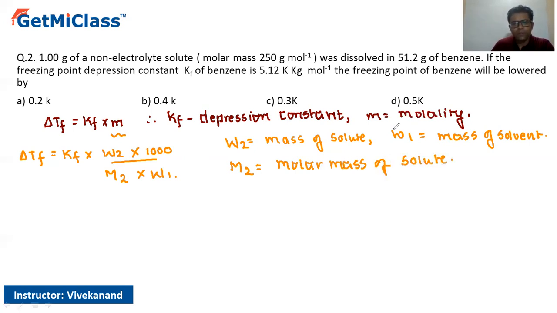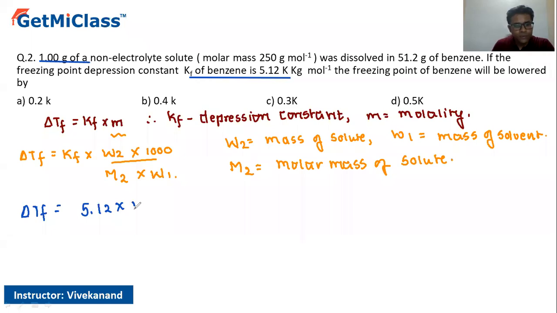All right. So now let's check over here. Delta Tf is equal to Kf value. Kf value for benzene that they have already given us is 5.12 Kelvin. So it is going to be 5.12 into W2, the mass of solute, which is 1 gram of non-volatile solute.